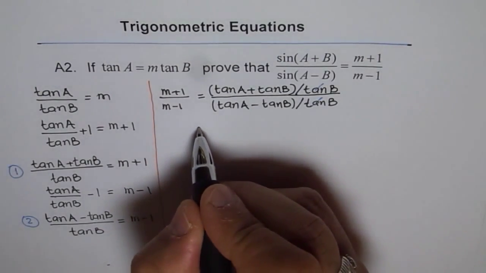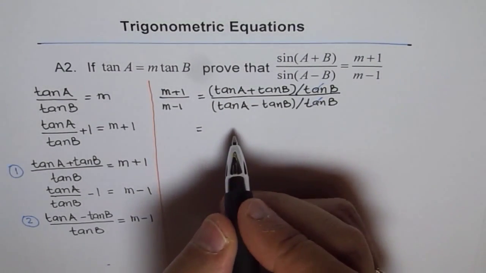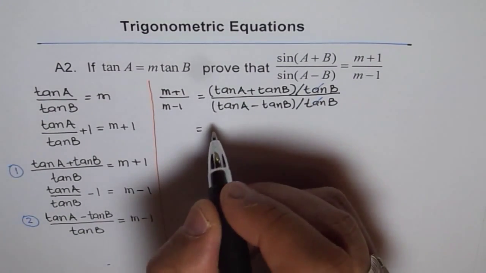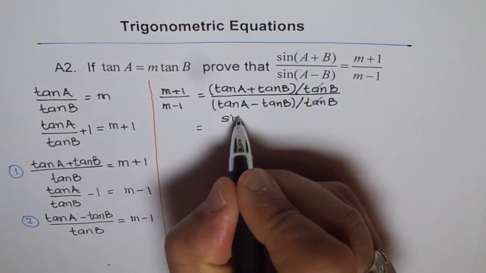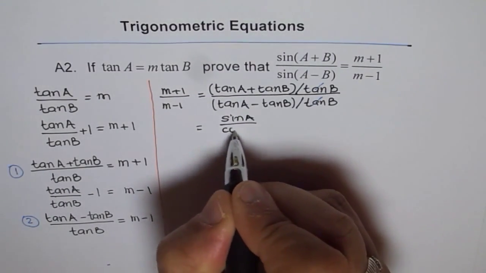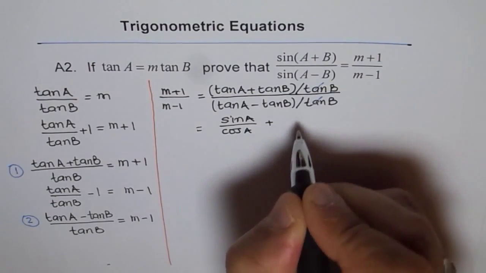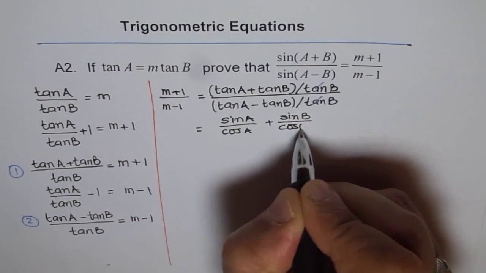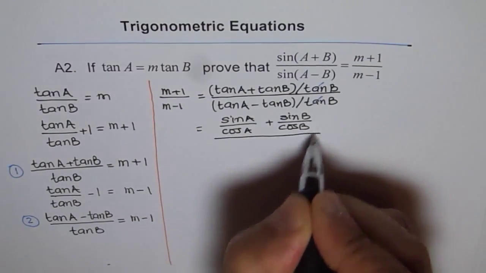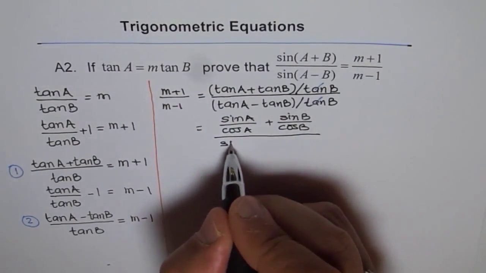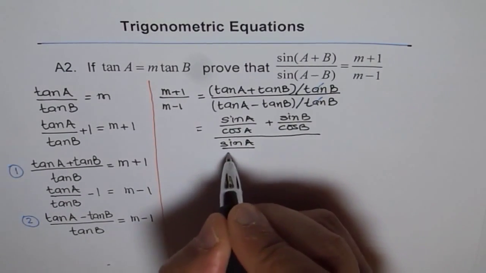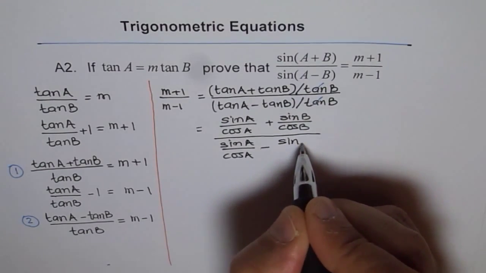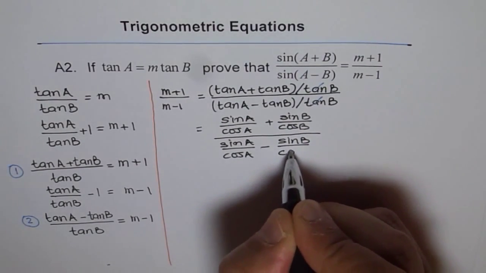So now we can write tan A and tan B in terms of sin A and sin B, and cos A and cos B. That is, we can write this as sin A over cos A plus sin B over cos B, divided by sin A over cos A minus sin B over cos B.